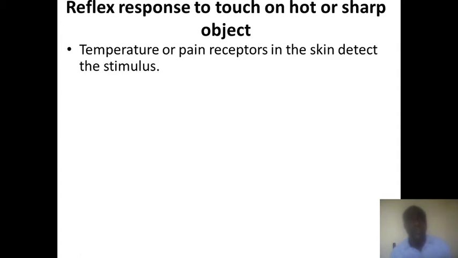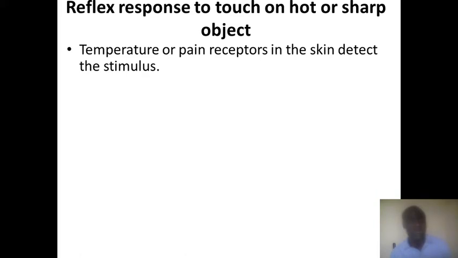We come to the reflex response to touch on a hot or a sharp object. What happens? One, in our skin, we have what we call temperature and pain receptors. If you touch a hot object, the temperature receptors will detect that stimulus.